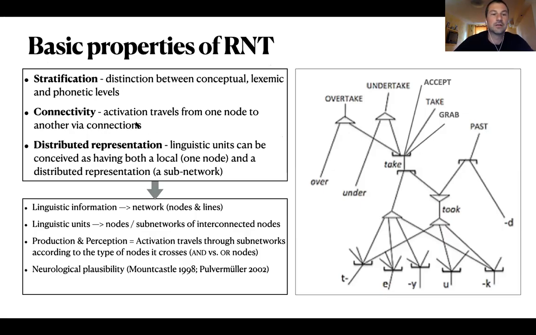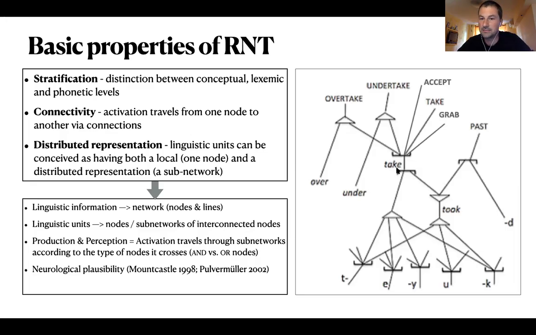So the model posits this connection as an integral part of the model. And the model also relies on distributed representation of linguistic information. Actually, in this model, linguistic units can be conceived as having both a local representation. We can think of them as being one node within the system at a certain location in the system.